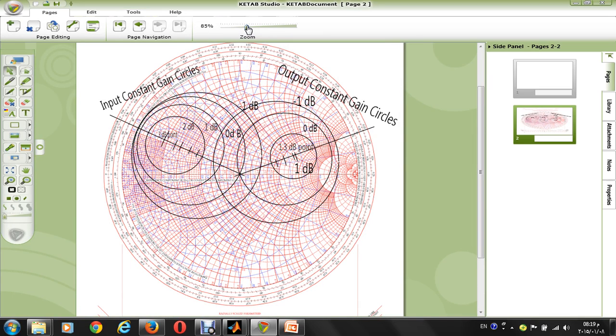At the left, we find the input constant gain circles, and at the right, we find the output constant gain circles. It's easy enough, and we can do it easily.